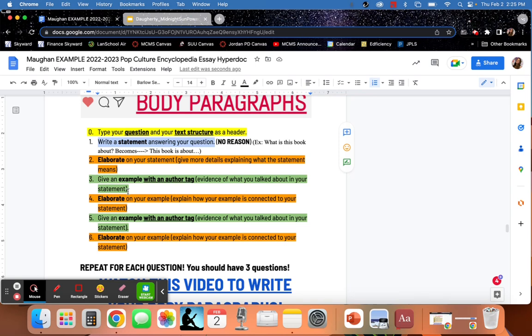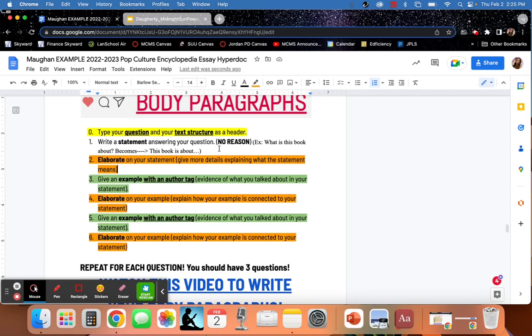The only difference is we're going to replace the R, the reason, with another elaboration, because oftentimes the reason is what is making a paragraph argumentative and putting an opinion in it. Remember, there are no opinions in informative writing. Even saying like this book is really cool or she's the best actress on earth is an opinion. So make sure you're watching that you're not using language like that.